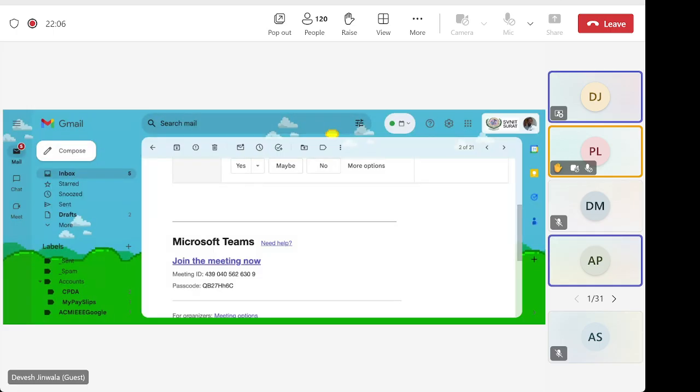So I could see here that when I come out of the presentation mode, it has come out of the sharing mode, but I don't understand why it is happening because I don't use Teams as such. Normally I use Meet only. Anyway, as I said, please interrupt me as soon as you are not able to see the PPT, so I'll go back and share. Sir, it shows your Gmail screen, sir. That's really funny. But just now you said it's showing my PPT. No, sir, it only shows your Gmail screen, sir. Now? No, sir, not yet.